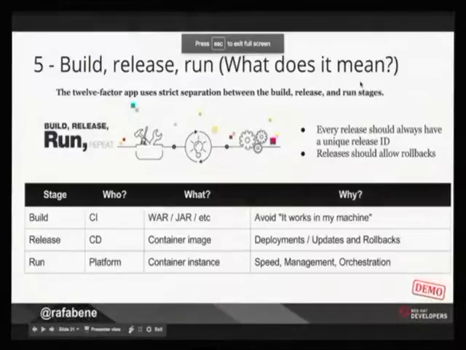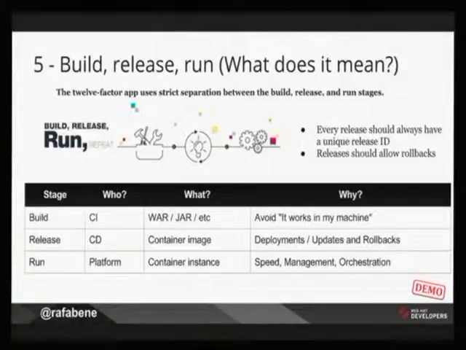These three stages, the build, the release of the image, and the execution, are three different things, but it doesn't mean that you have to perform them manually. It should be made by a continuous integration and continuous deployment pipeline.